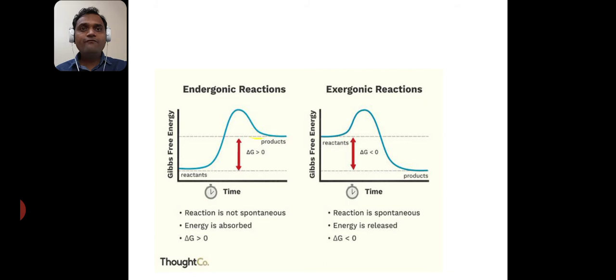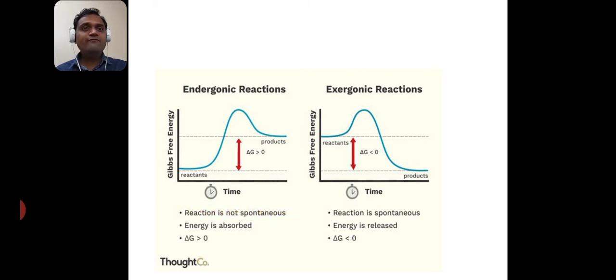Now if we take the difference, that is delta G, as the free energy of the product is more than the reactant, the difference which is delta G will be greater than 0. Okay, so as delta G is greater than 0, the reaction is not spontaneous. This we have studied earlier.